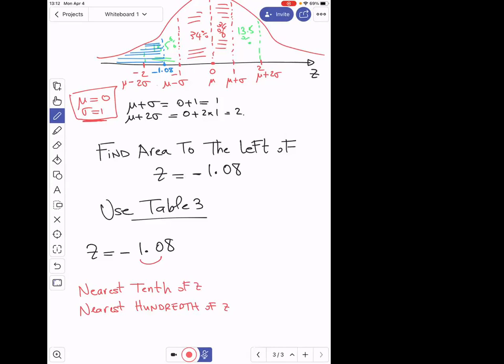The nearest tenth of Z is just the digit after the decimal point. This is the position of the tenth, and this is the position of the hundredth. So the nearest tenth of Z is negative 1.0, and the nearest hundredth is the 8, the 0.08.